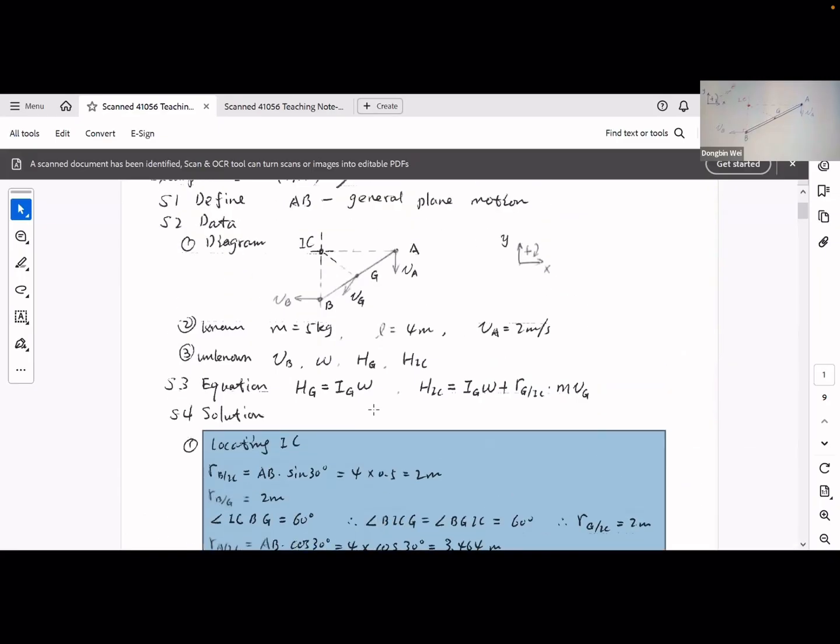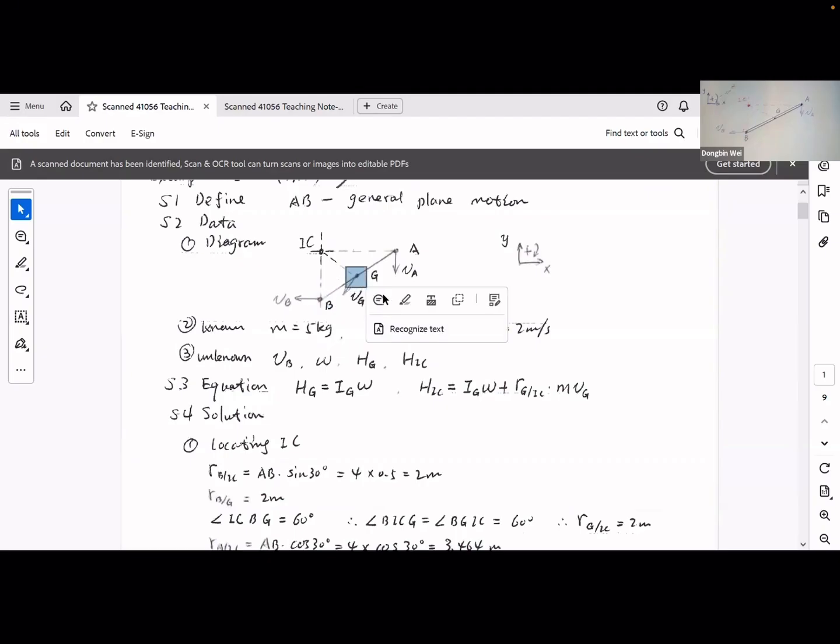Anyway, in this triangle with the IC, there are three sides, so that means three angles. These three angles are 60 degrees.